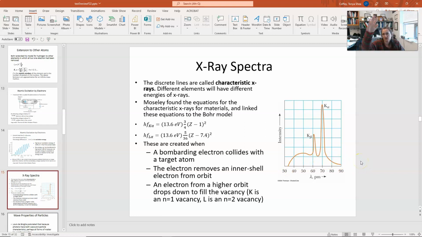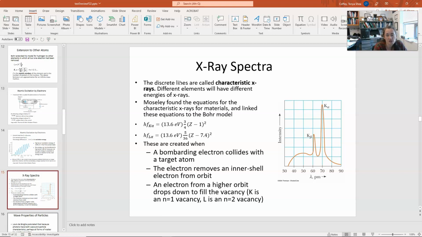So it'll be sitting on top of this hump, in other words. But there's also characteristic peaks whose energy changes depending upon what kind of target you have, whether it be made of gold or lead or whatever. Then that'll change these sharp peaks that you see in the X-ray spectra, and those are known as characteristic X-rays. Different elements have different energies of X-rays that act like a little fingerprint, used now, of course, to identify materials.